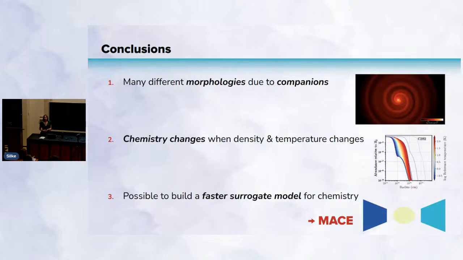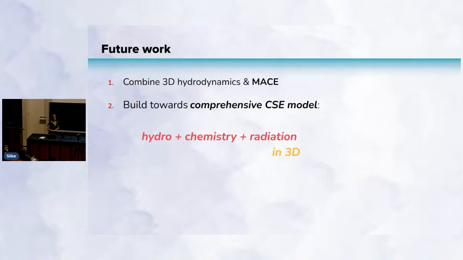Now, of course, research never ends, although for me it does here today, but there is still a lot of future work that can be done, and hopefully my collaborators will continue this work. First, now that Maes exists, it can be coupled to the 3D hydrodynamics so that we can really build this 3D hydrochemical model. But it's not done there. I also mentioned in my introduction that we also need the radiation.